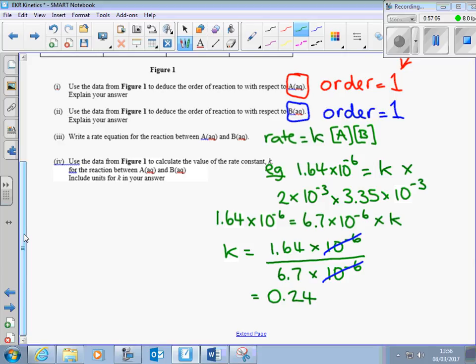So that's going to be moles to the minus 1 decimeter cubed second to the minus 1. If you look back, moles to the minus 1 decimeter cubed second to the minus 1, if I remember rightly. Is that okay?